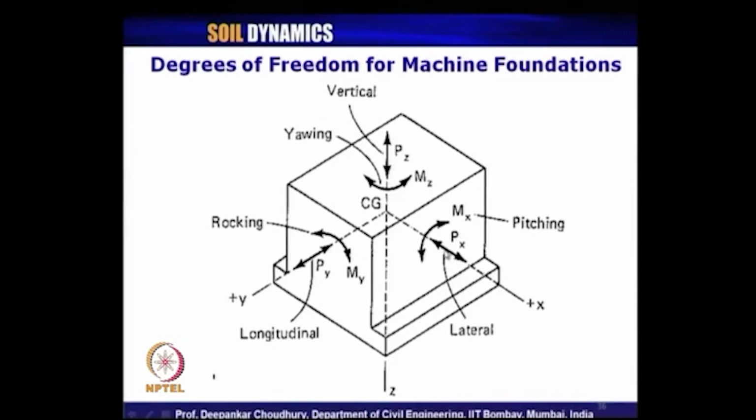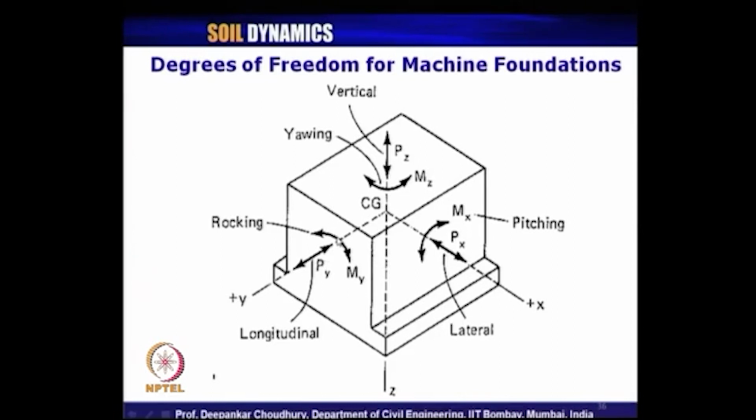Next one: when it is vibrating in x direction under the action of this dynamic load Px, then it is called lateral, or sliding mode of vibration.